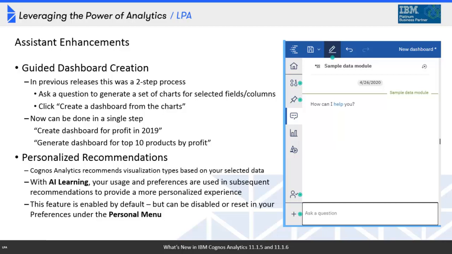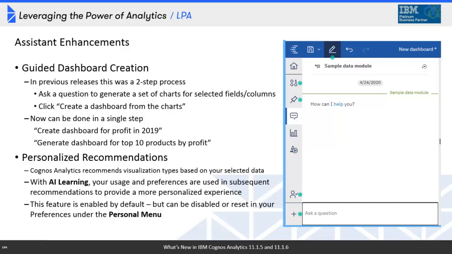The enhancement in Release 6 gives the administrator a certain amount of control, and it gives the end user a certain amount of control. From the administrator side, there is a new capability. If you click Manage People Capabilities, you'll notice an AI capability with a sub-capability called AI Learning.